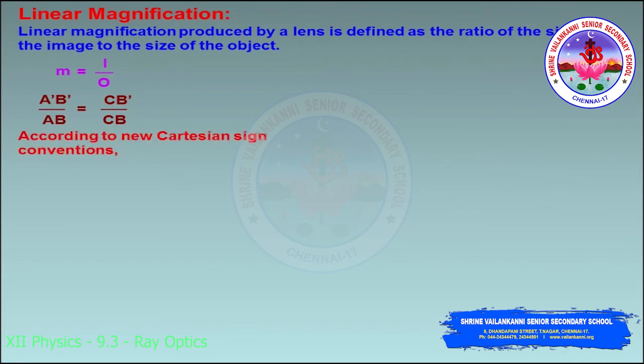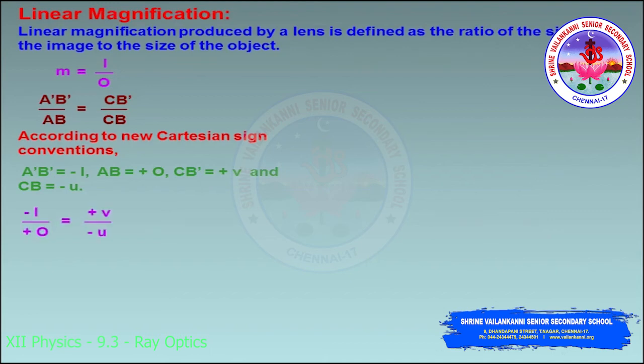By applying the new Cartesian sign convention, A dash B dash is minus I, because the image height is downward, and AB is plus O, because of the upward object height. The image distance is on the right, so CB dash is plus V, and CB is minus U, because the object distance is on the left.